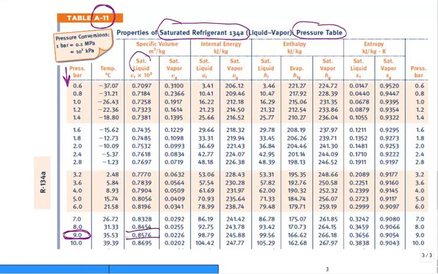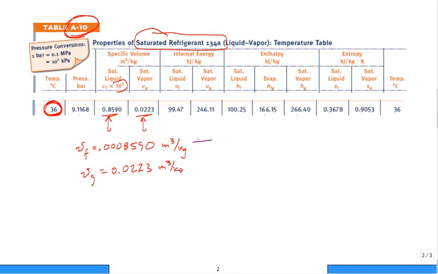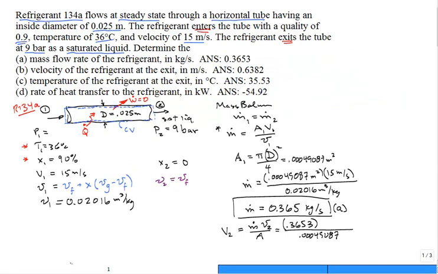And it's right there, 0.0008576. And if you look, that was very close to the saturated liquid value at 36 degrees C. Well, if it's coming in at 36 degrees C, the inlet pressure is 9.117 bar. So you could have filled that in right here, 9.117 bar. It really didn't drop much. There's a little pressure drop as it goes through this tube, from 9.117 bar down to 9 bar.